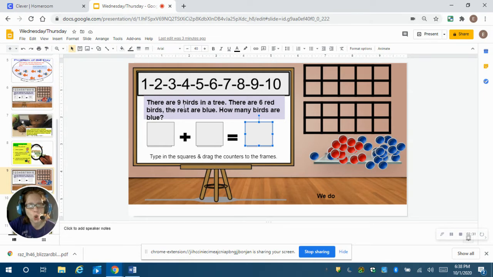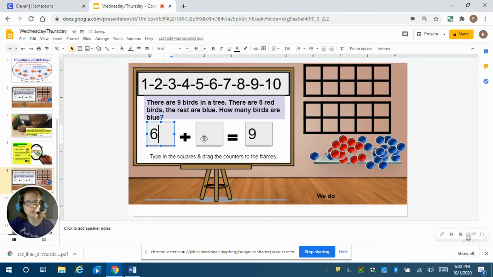So that's my total, my sum, my whole. So let me write that down. I need 9 here as my total. And what do I know for sure? I know that there's 6. So I'm going to type in my 6 into my text box here. So what I am missing is the other part to complete the number sentence or the equation.